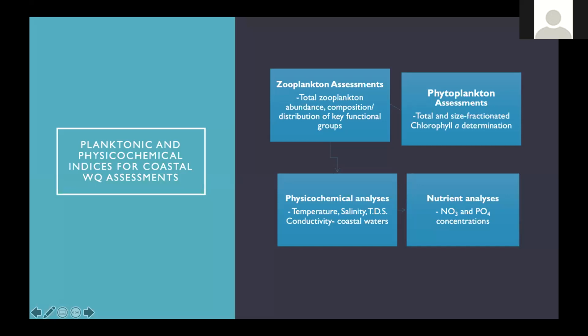So the planktonic indices or the ecological indices include both planktonic and physical chemical parameters. For example, zooplankton assessments, which would include total abundances as well as composition or distribution of key taxonomic groups. Phytoplankton assessments, that would be with regard to total and size fractionated.